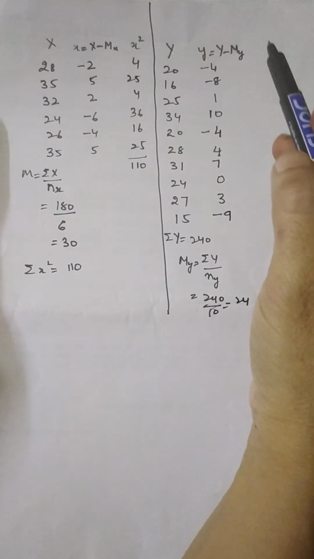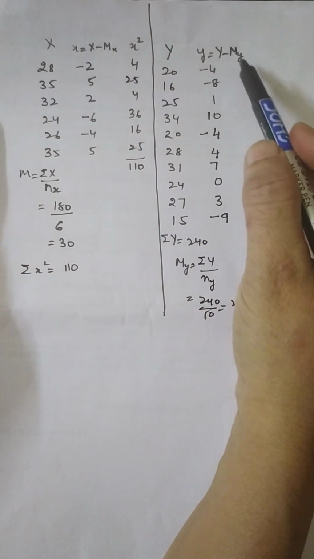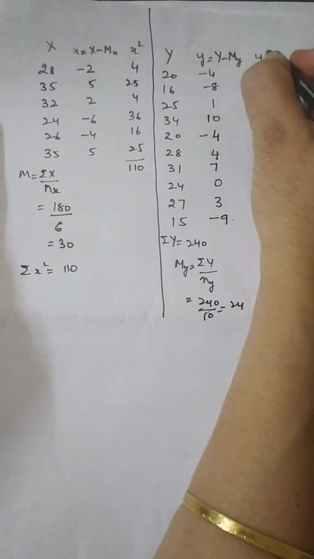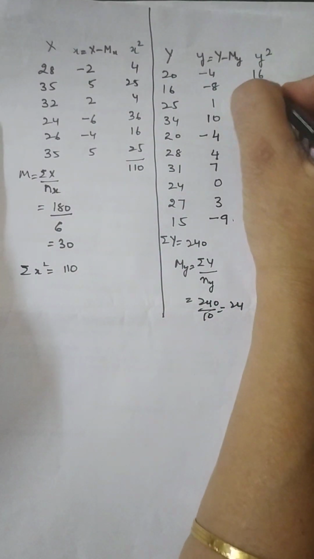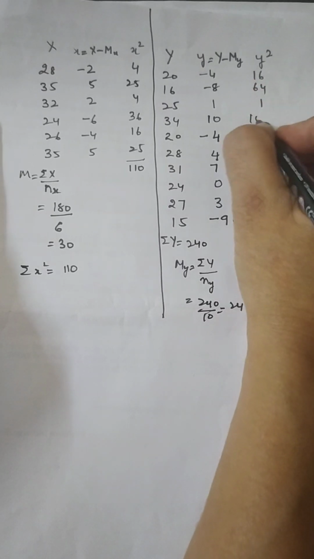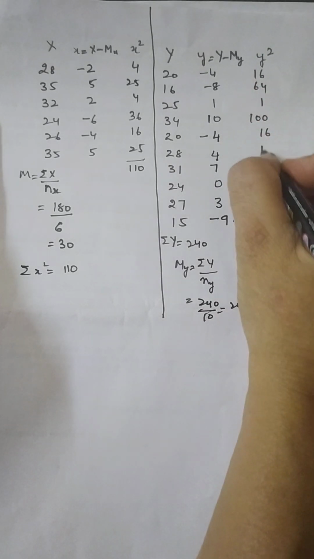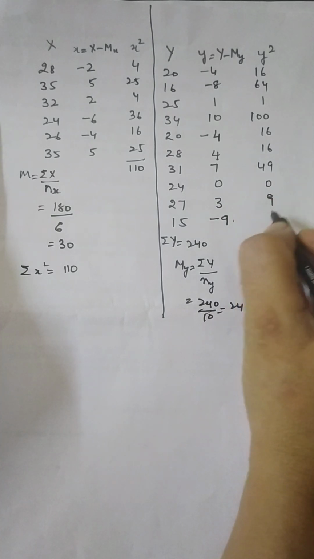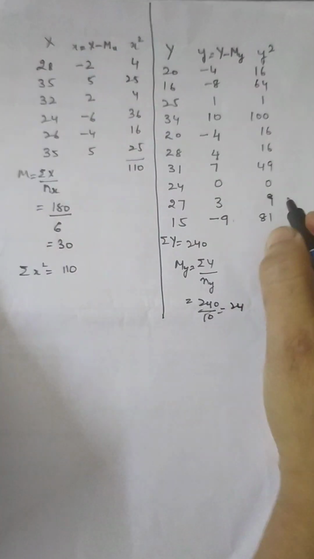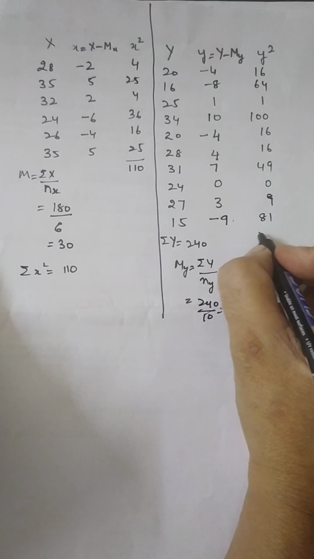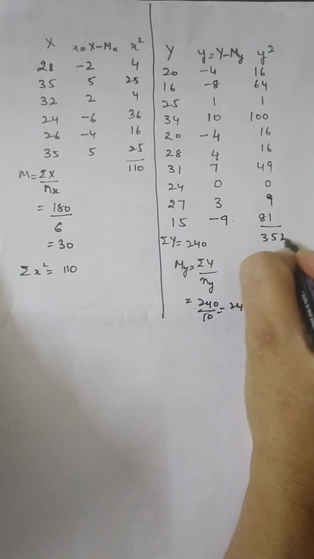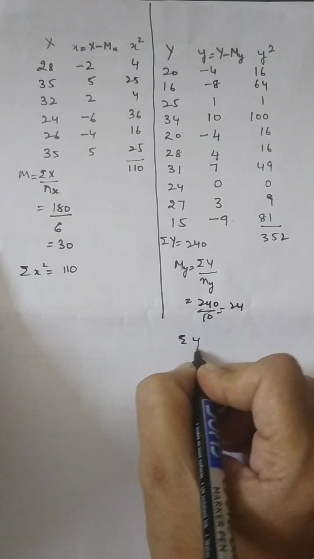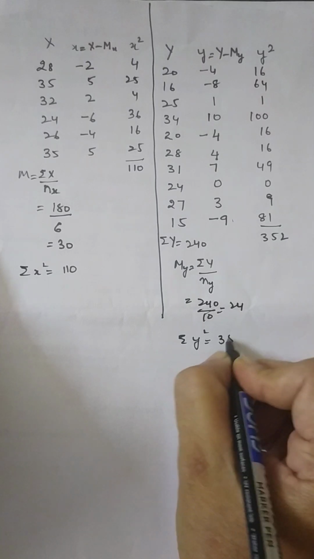The deviations are like this. So we can find y square, and if we add this, it comes out to be 352. So we have summation y square equal to 352.